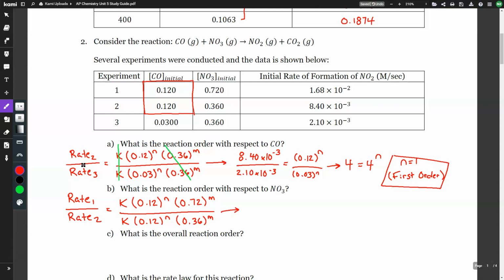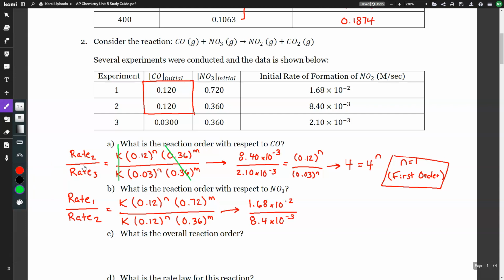Now let's plug in our rates. We're going to have 1.68 times 10 to the minus 2 over 8.4 times 10 to the minus 3.